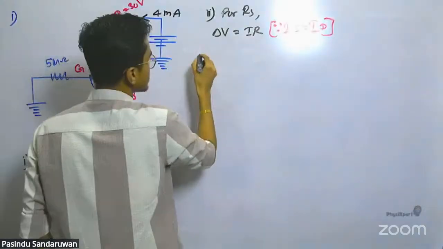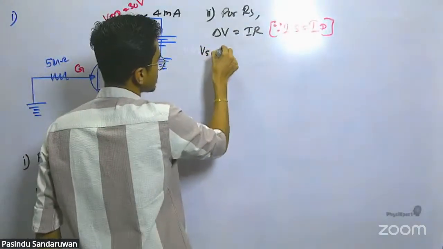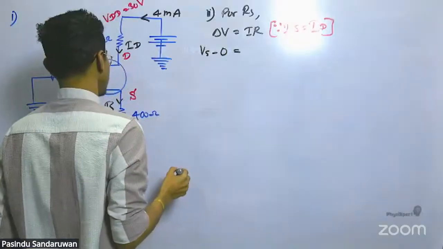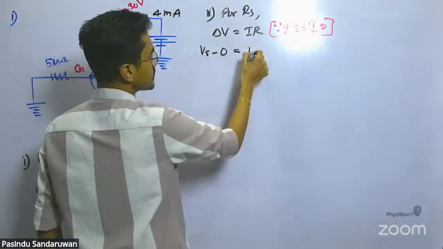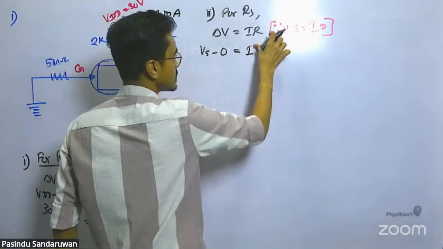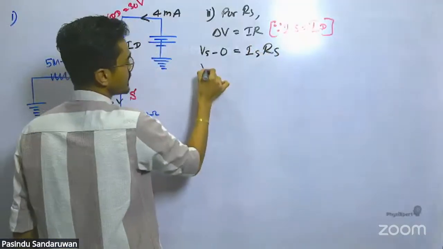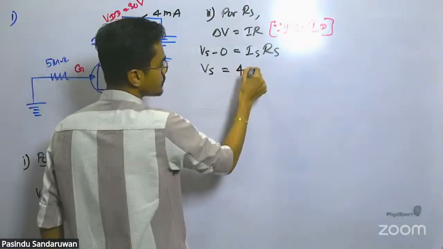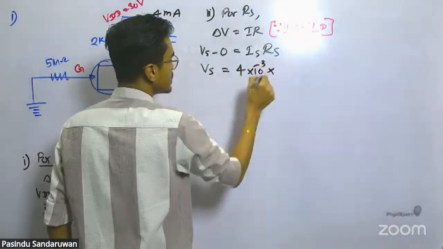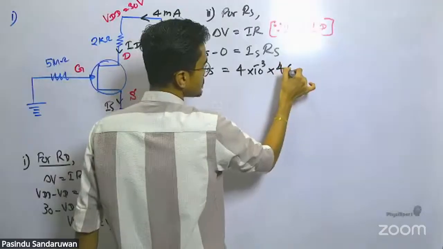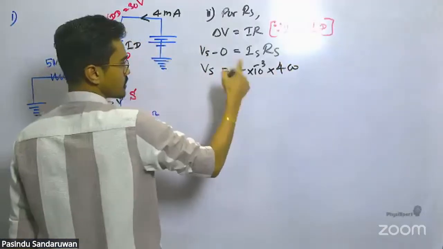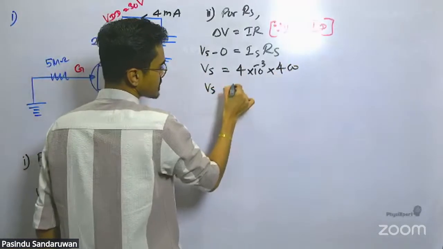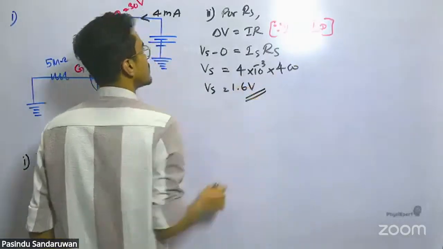Delta V is VS minus 0. Writing it out: VS minus 0 equals IS RS. Plug values, we need VS. IS equals ID, which is 4, so 4 times 10 to the power minus 3, RS 200. Then only 10 to the power minus 1 remains, which means 1.6 volts.